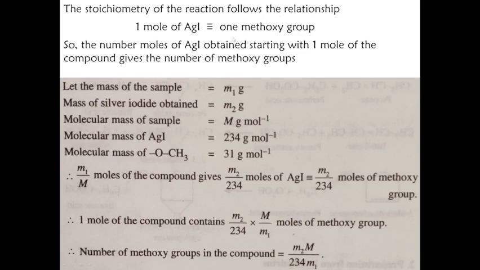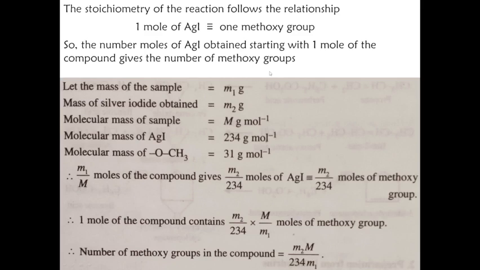Now we have to come to the calculation of how the methoxy groups are estimated. So formation of 1 mole of silver iodide indicates only 1 methoxy group present in the molecule. So the number of moles of silver iodide obtained starting with 1 mole of the compound gives the number of methoxy groups.